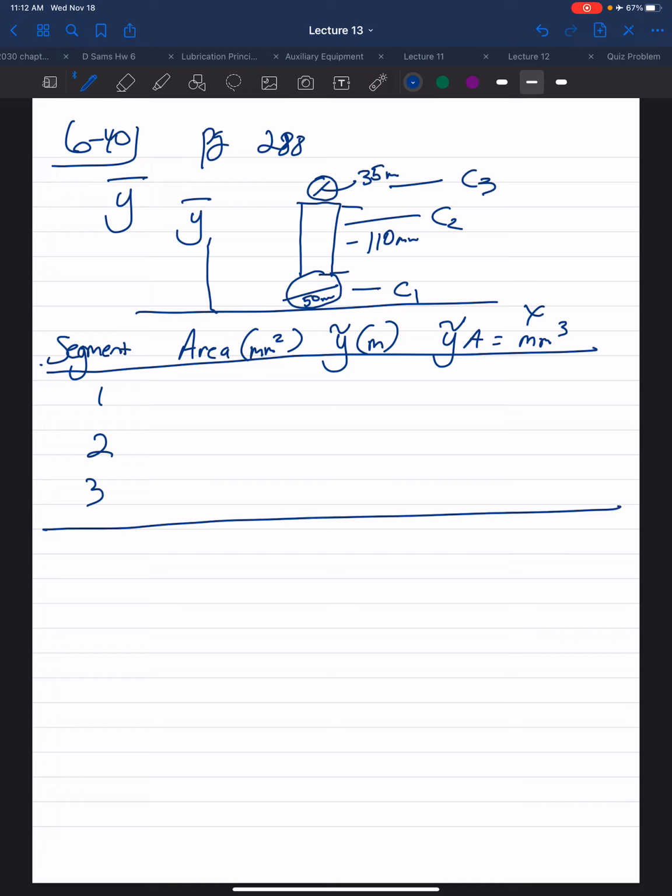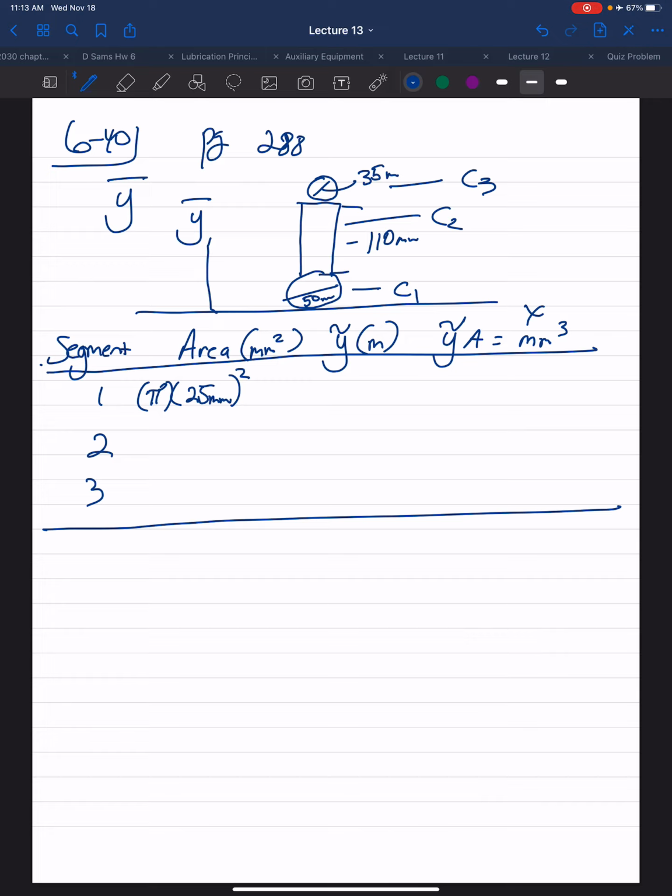For the large circle at the bottom, the area would be pi r squared. So that's pi, r would be half the diameter, 25 millimeters, squared. The distance from the x-axis to the centroid of segment 1 in the y direction: for a circle, the centroid is right in the center.